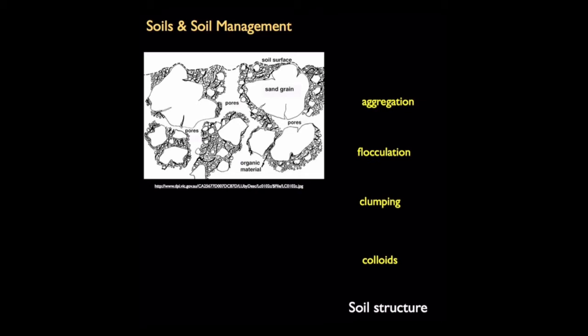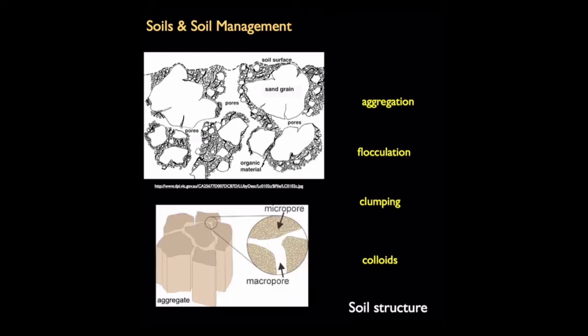This in turn traps other soil particles into a relatively organized group. Macropores hold air and are generally created by large particles packing loosely together. Micropores hold water via capillary action and are created by small particles packing tightly together.